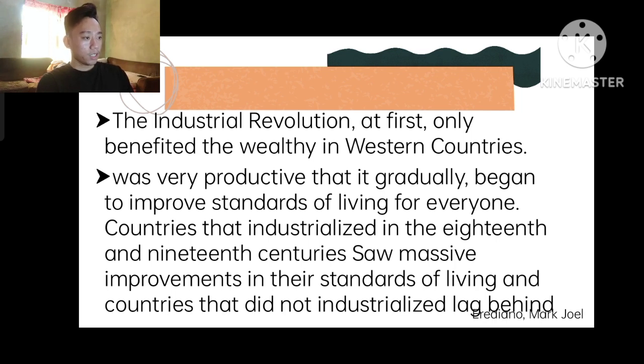It was so productive that it gradually began to improve standards of living for everyone. Countries that industrialized in the 18th and 19th centuries saw massive improvements in their standards of living, and countries that did not industrialize lagged behind.